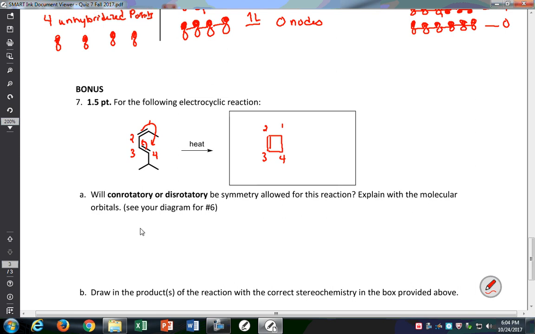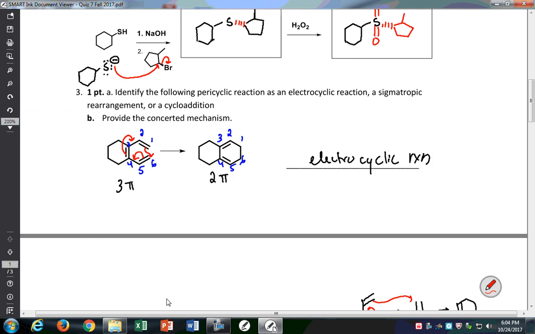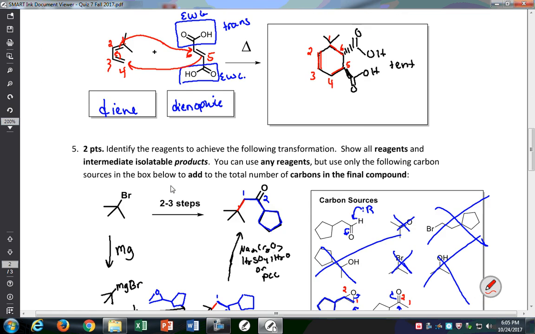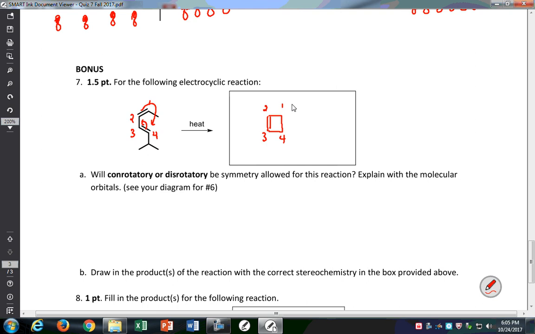This is very similar to this reaction, except this reaction had 3 pi bonds, so we have 3 arrows, whereas this reaction only has 2 pi bonds. But it's pretty much the same reaction. So we lose 1 pi bond, we gain a sigma bond. So it's an electrocyclic. Also, the answer to that question on the first page was electrocyclic. I gave it to you right there.